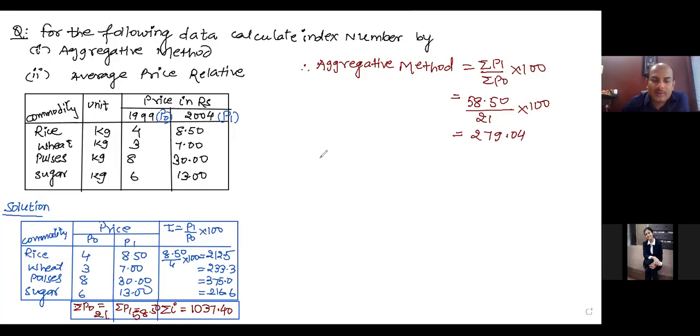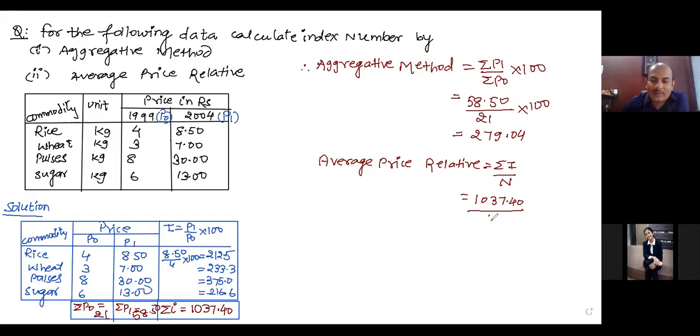Similarly, if I'm finding by average price relative method, the formula we have discussed is summation of I upon n, which is equal to 1037.40 upon n, where n represents the number of commodities.